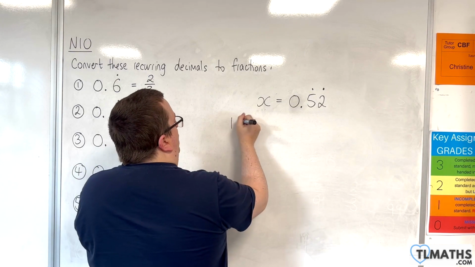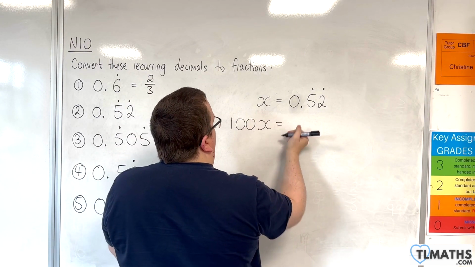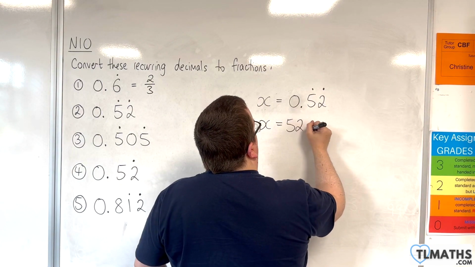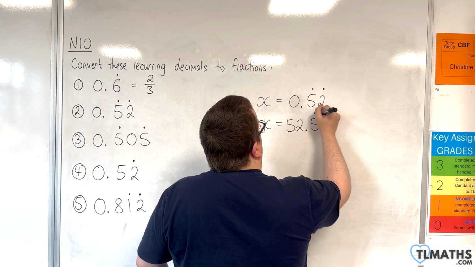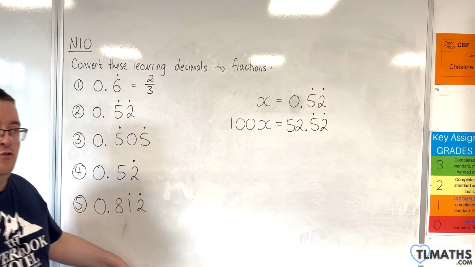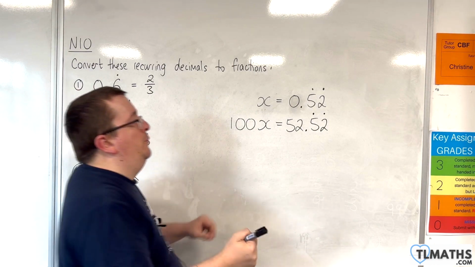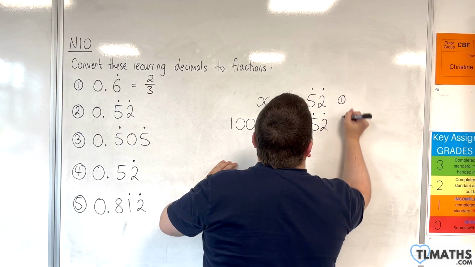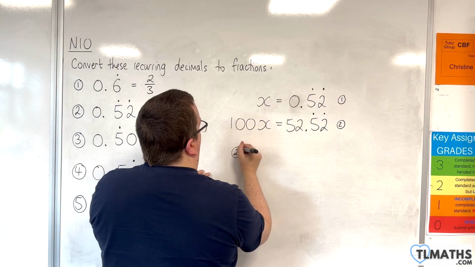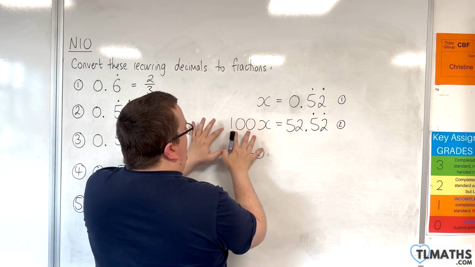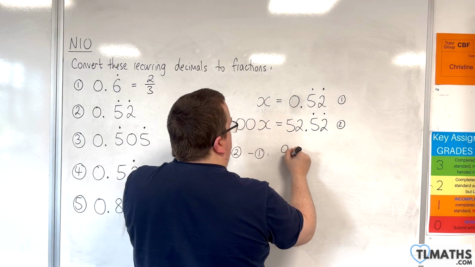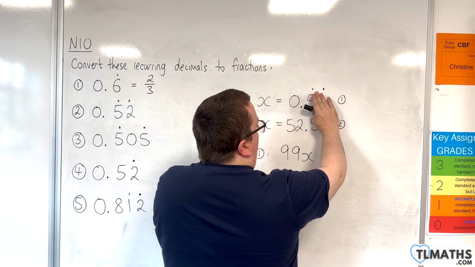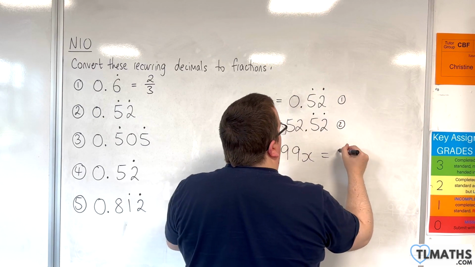So instead, I'll multiply through by 100, because that'll move the decimal point 2 steps to the right, and I'll get 52.525252525252, etc. So the 0.52s sync up. So if I call this equation 1 and this equation 2, and I do equation 2 take away equation 1, on the left-hand side I have 100x take away x, which is 99x, and on the right-hand side the 0.52 recurrings go, and I'm left with 52 take away 0, which is just 52.